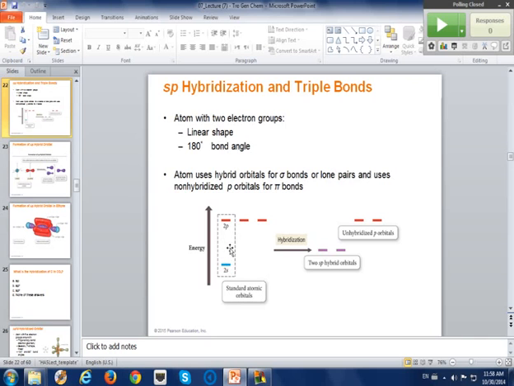And so thereby, this is how the sp hybridization results.